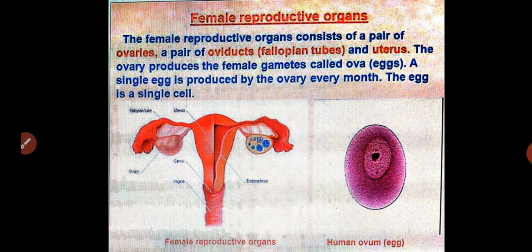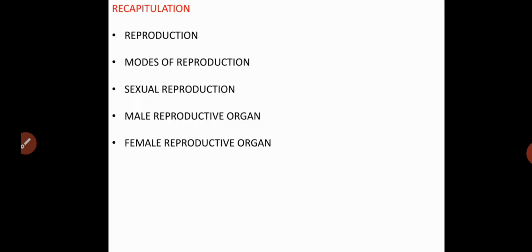After the production of male and female gametes, fertilization takes place next. What is fertilization? I will tell you in the next class. Students, today we learned the definition of reproduction and the types or modes of reproduction.